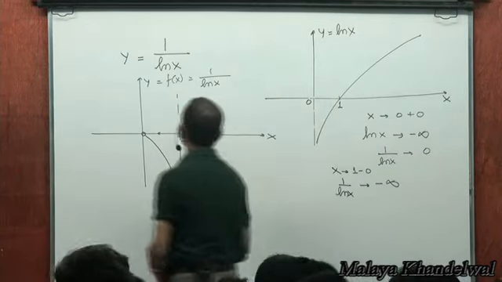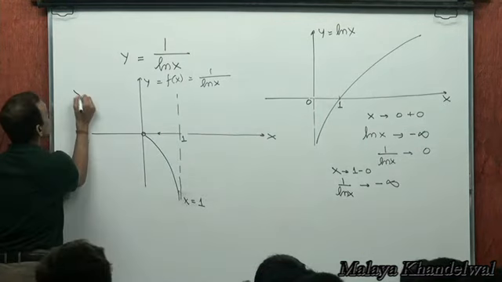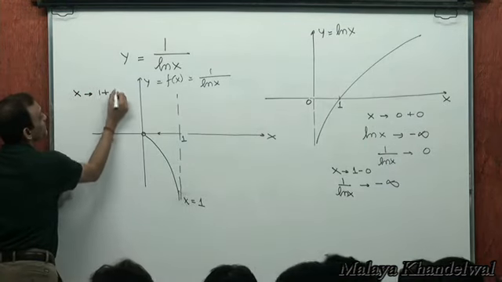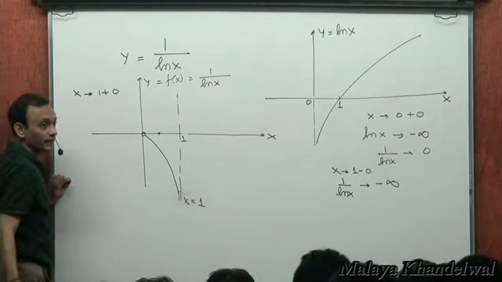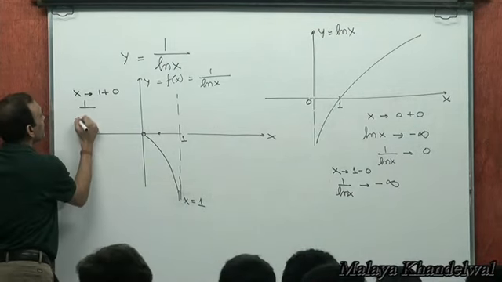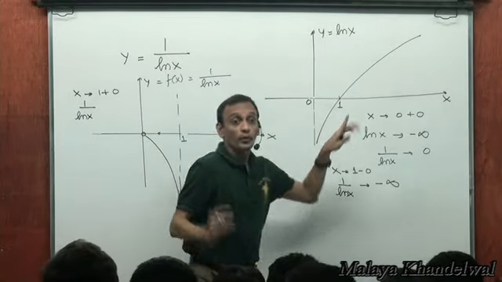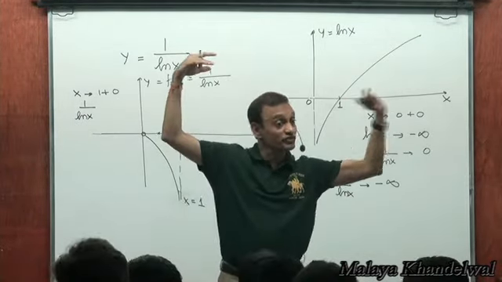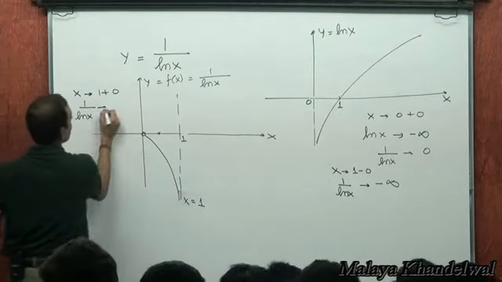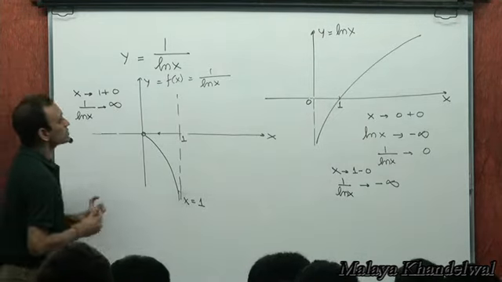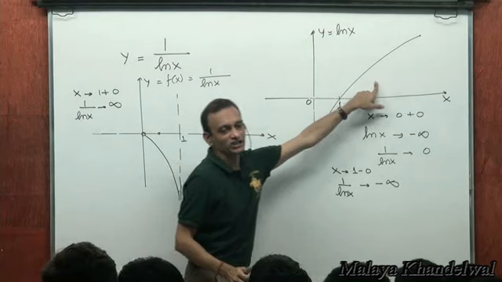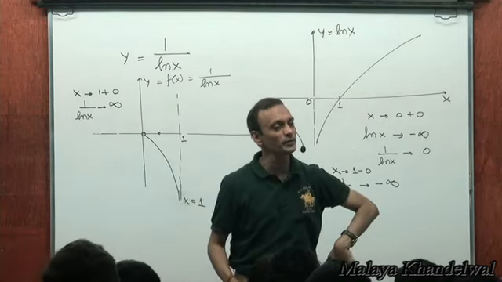Now, as x tends to 1 from the greater than 1 side, ln x tends to 0, but 1 by ln x would tend to plus infinity. Why? Because to the right of x equal to 1, ln x is positive, so 1 by ln x would be positive.